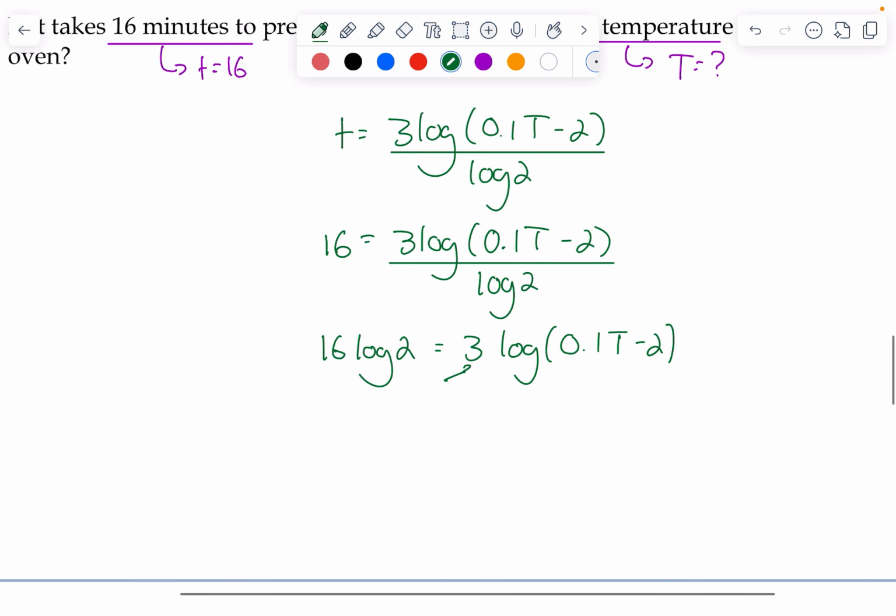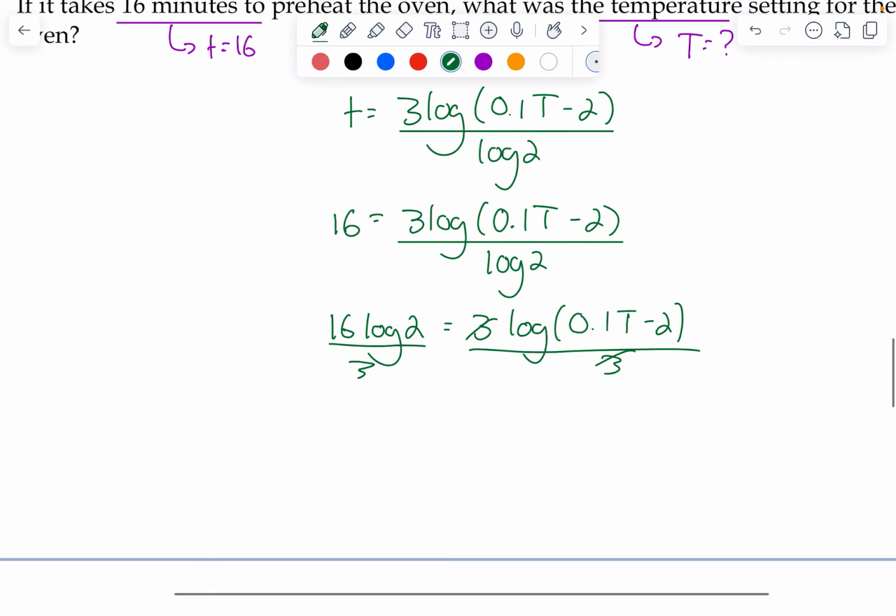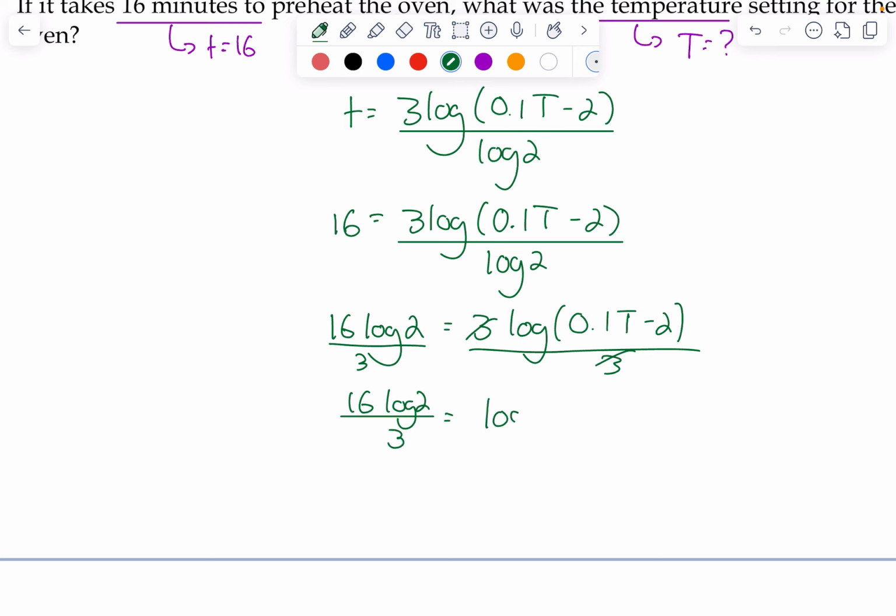Now I need to get rid of this 3 here. So I will divide both sides by 3. And I get 16 log 2 over 3 is equal to log 0.1 T minus 2.